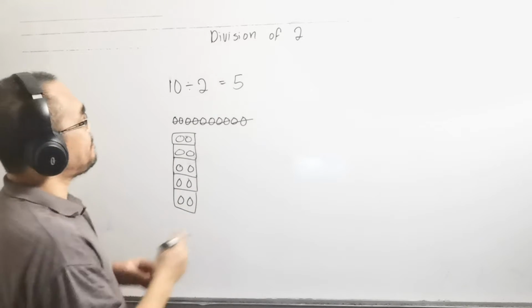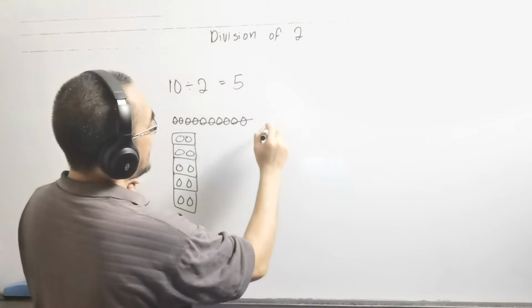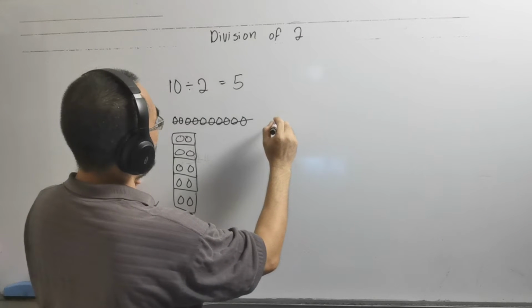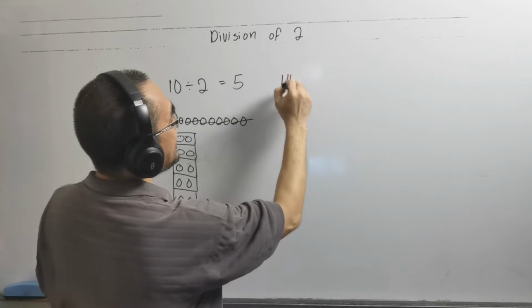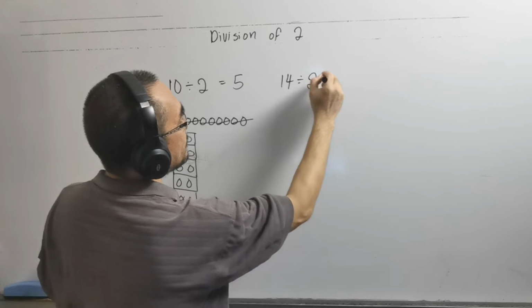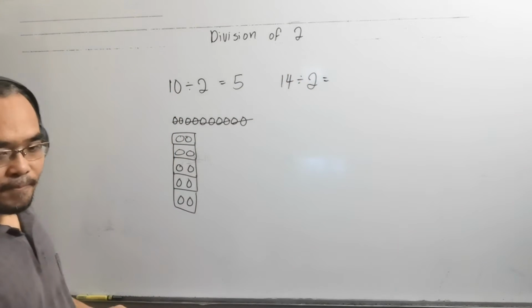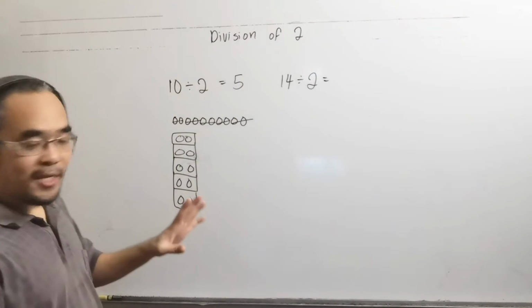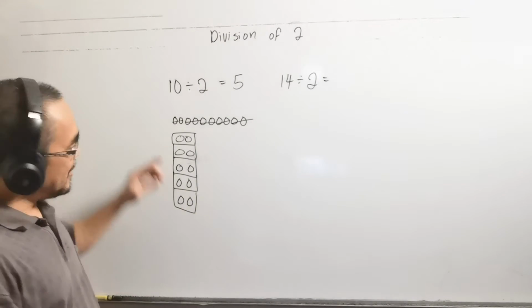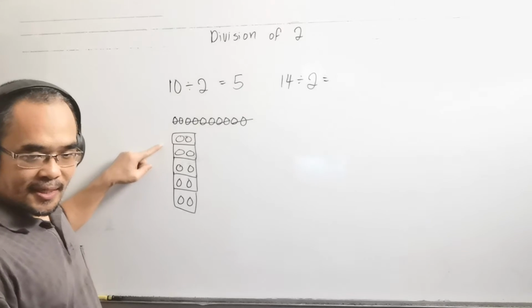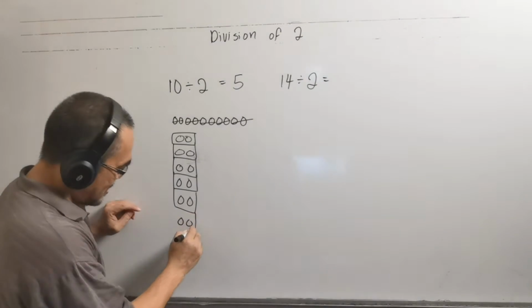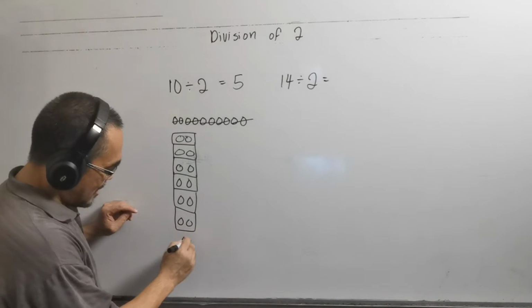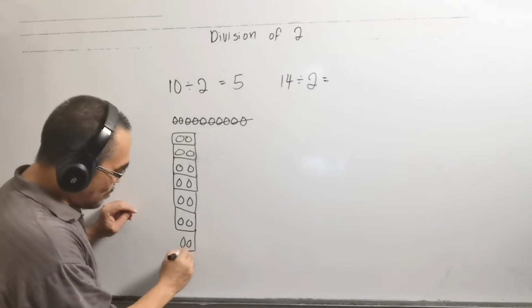Another example. If I tell you, for example, 14 divided by 2. You have 14 altogether. Don't worry.